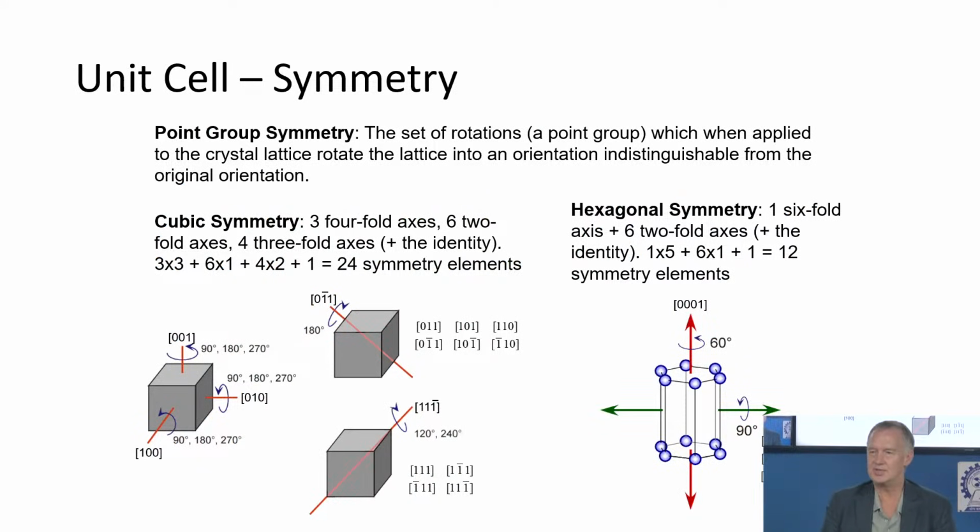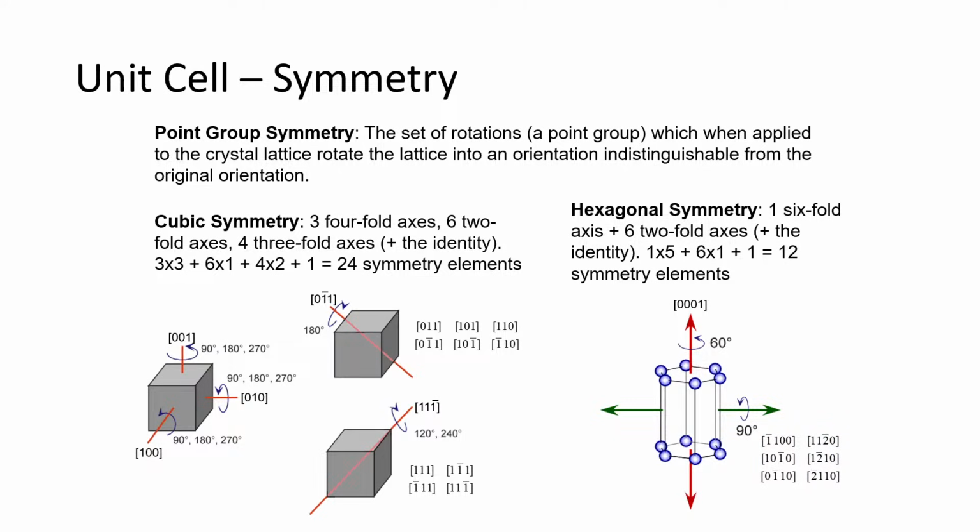All right, symmetries is another important thing when we're talking about crystallography, especially with texture analysis, because we're trying to figure out how to mathematically represent an orientation, right? We have a coordinate frame of the specimen and we're rotating it into the coordinate frame of the crystal. But which coordinate frame of the crystal do we rotate it to, right?